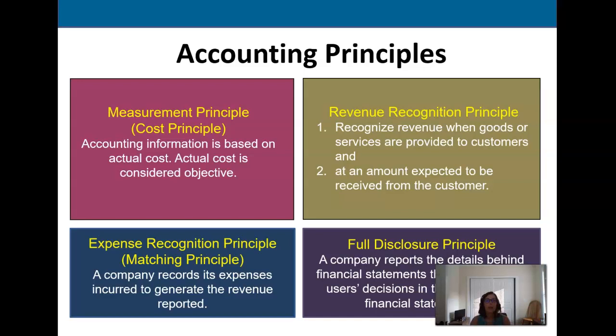The revenue recognition principle says that when do we recognize revenue? We recognize it when it's earned. Now, when do we earn it? We earn it when we have an entitlement to collect it. So we'll talk about cash and accrual basis, but if I sell something in a grocery store across the cash register, customer gives me cash, that's a pretty easy sale.